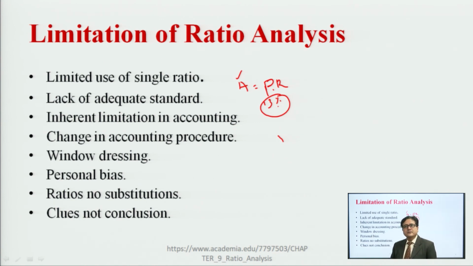But when we compare and analyze it with the past year, then we can draw conclusions. Then we can say, okay, this is a very low figure or it is a good figure for the company according to previous data. So, there are some limitations of ratio analysis which need to be taken care of.